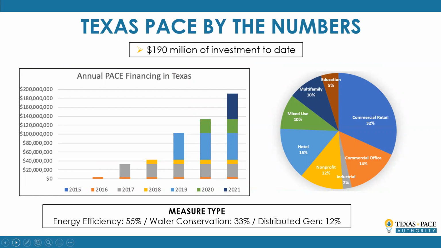The commercial and retail sector represent the most projects, followed by hospitality, lodging, and then commercial office space. And if you look at the types of things that have been financed, about half of them are energy efficiency, about a third of them are water conservation, and then 12% distributed energy, pretty much all of that solar photovoltaic rooftop type systems.